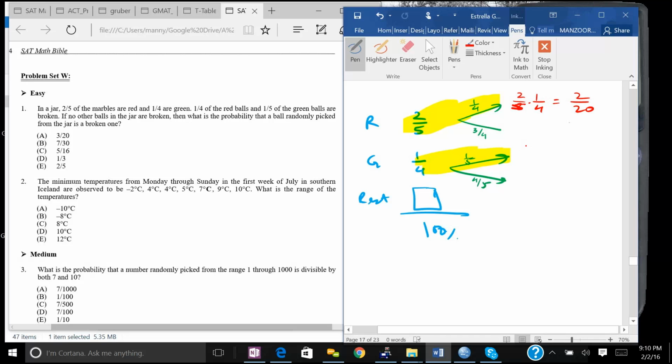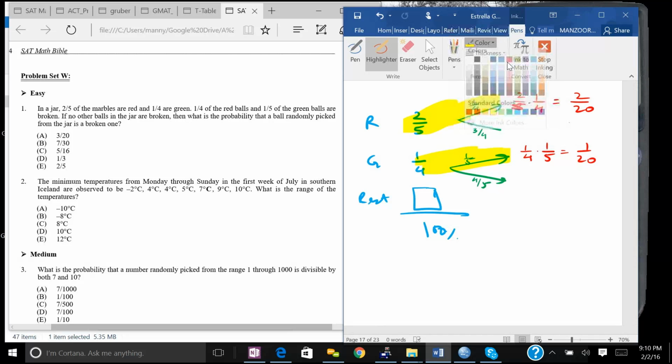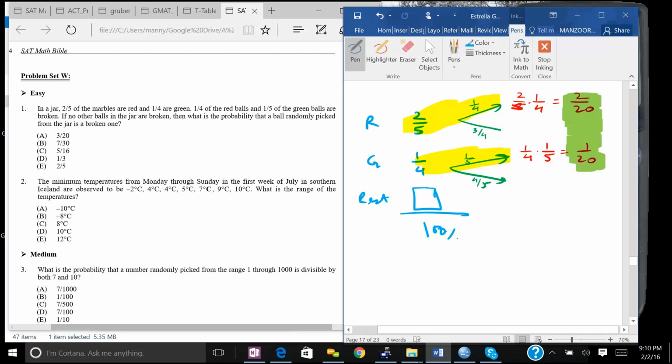Same thing here. 1/4 times 1/5 is 1/20. So 1/20 are green and broken. Now you need to get these together, right? When you get those together, that is 3/20, right?